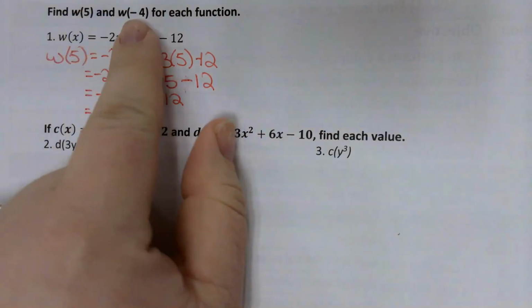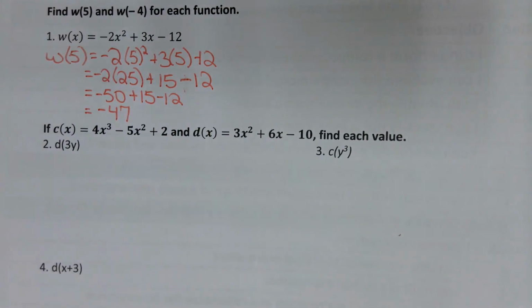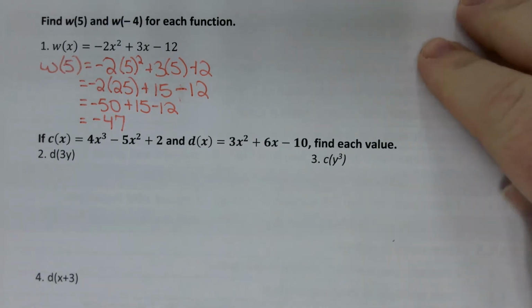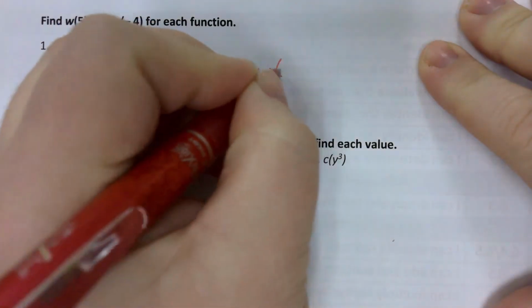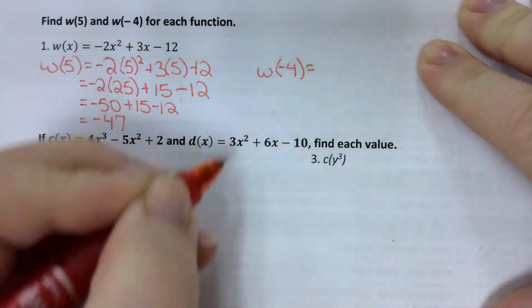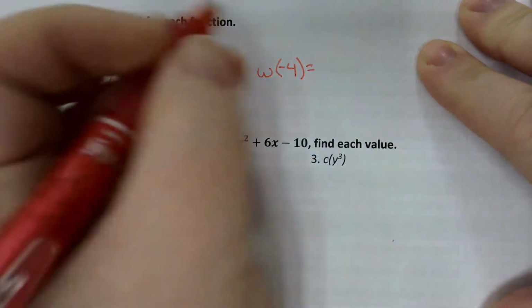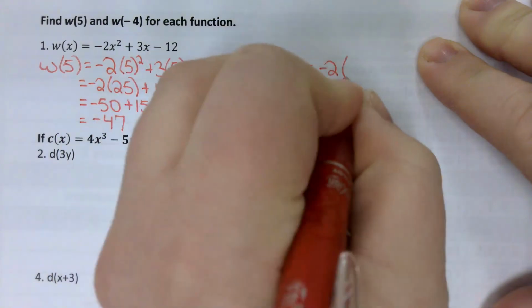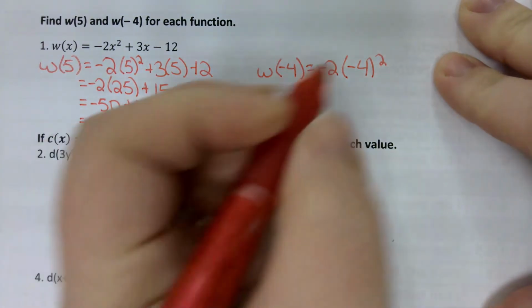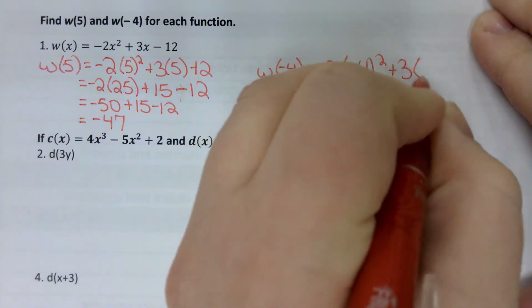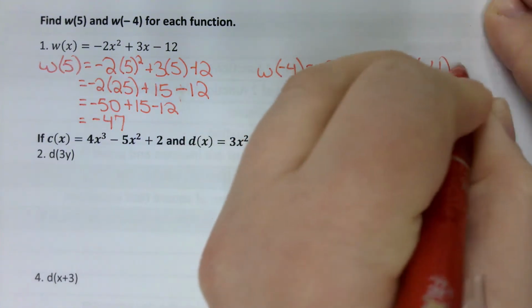It also asked me to be able to find w of -4. So we are going to take and replace x with -4. So w of -4 means that I'm going to do -2 times parentheses -4 squared plus 3 times our -4 minus 12.